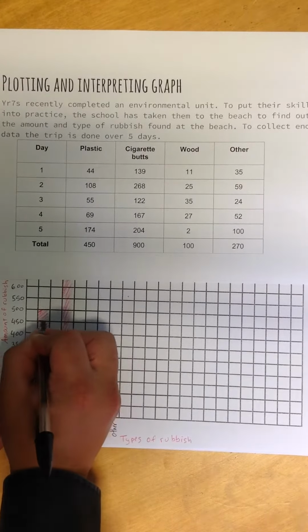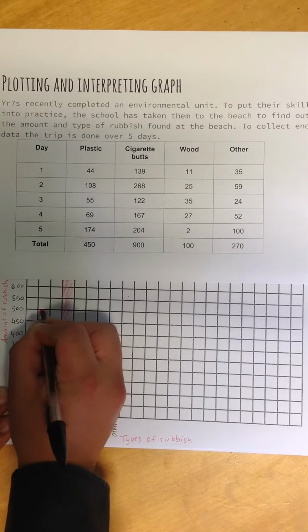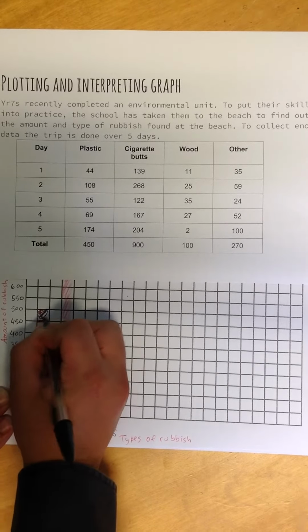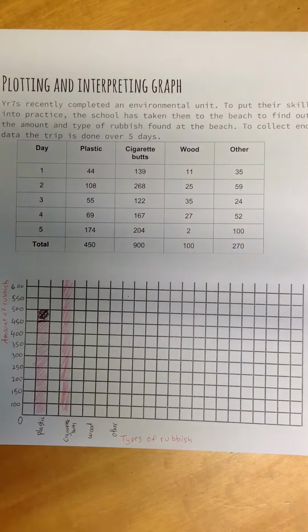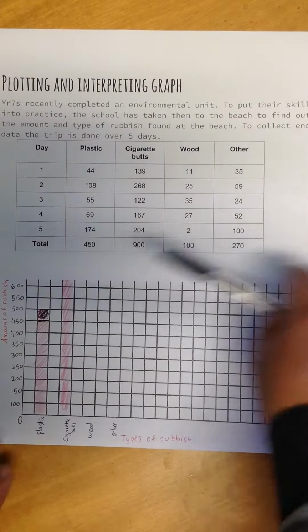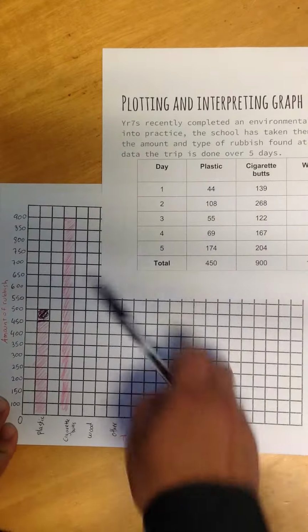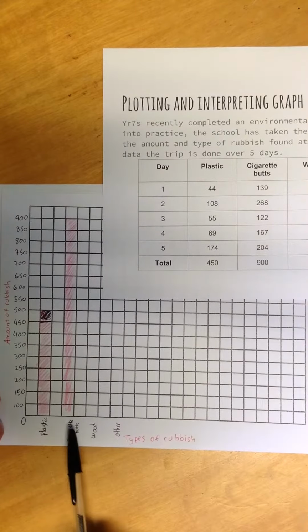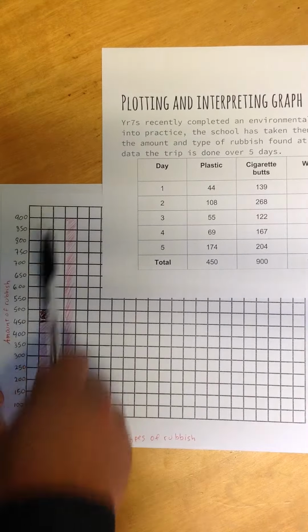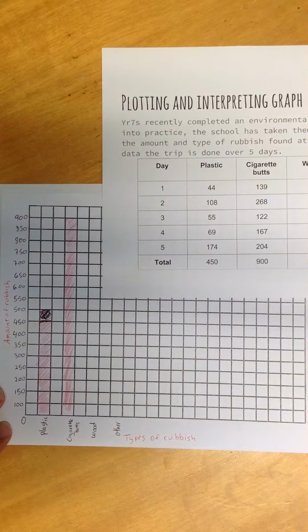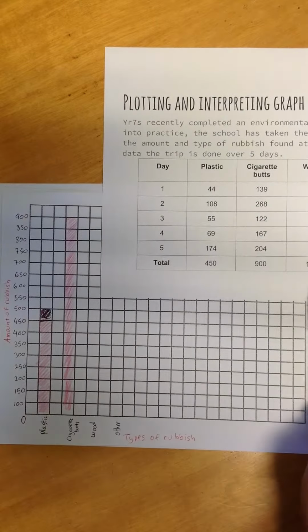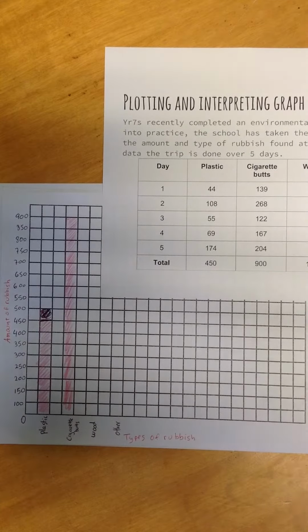It should have been only up to that line. So that's wrong. 450. Cigarette butts, 900. So from 0 all the way up to 900. Wood, 100 units of them.